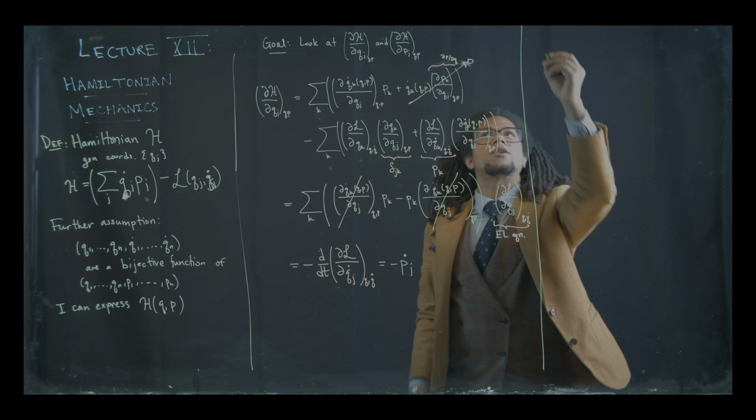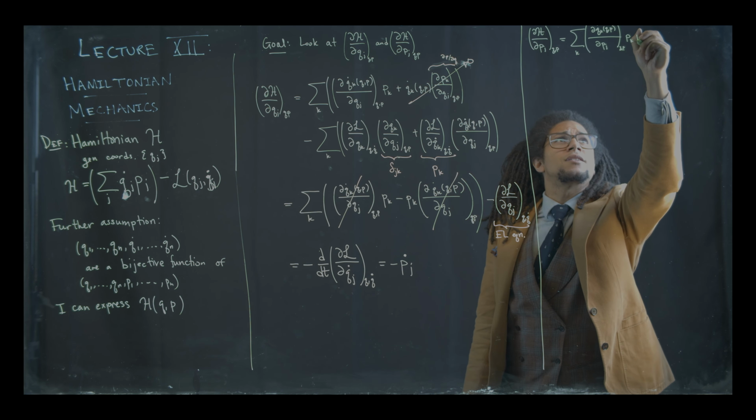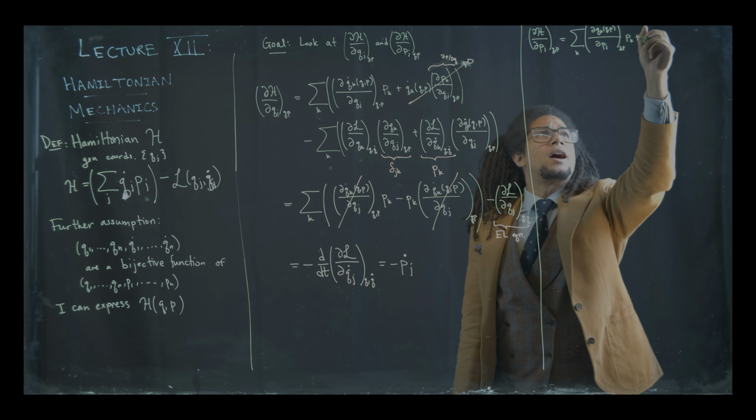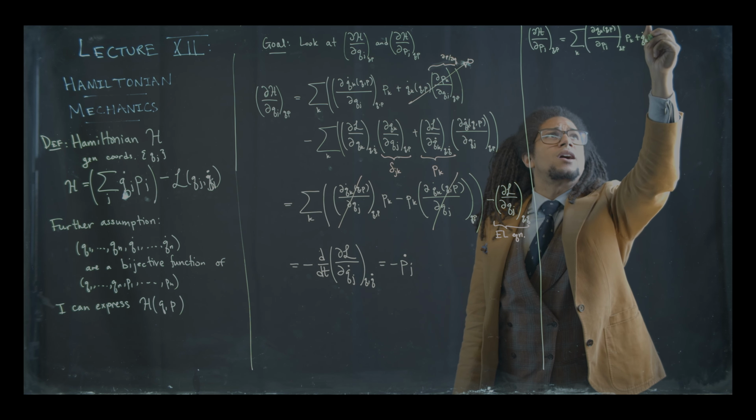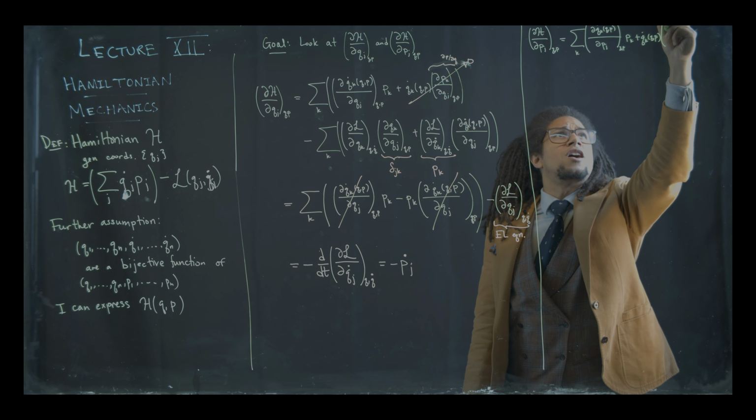So first I have the derivative of qk dot, as a function of q and p, with respect to pj, while fixing the q's and p's, and then I'll multiply that by pk. Then, because of the product rule, I'll leave qk dot alone and take the derivative of pk with respect to pj while fixing the q's and p's.